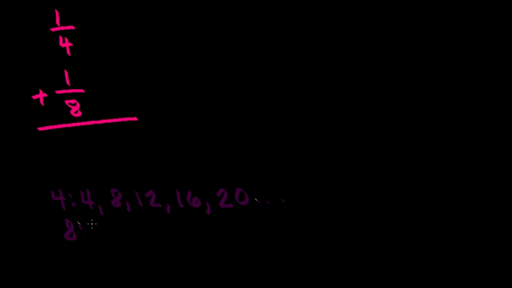I'll start with 8, then I skip count to 16, 24, and I could easily go on, but it's not necessary because you might have noticed that we found a common multiple. So that number 8 is in both 4 and 8.